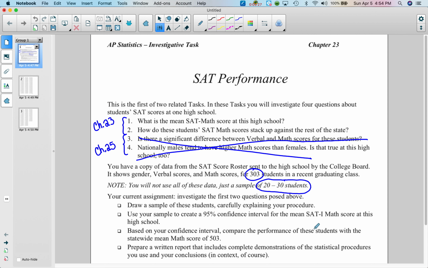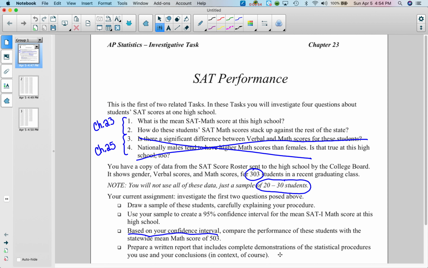Then based on your confidence interval, you're going to compare the performance of these students with the statewide mean math score of 503. Notice it says, based on your confidence interval. So you're going to use your confidence interval to make this statement. Then you are going to prepare a written report that includes complete demonstrations of the statistical procedures you use and your conclusions in context, of course.